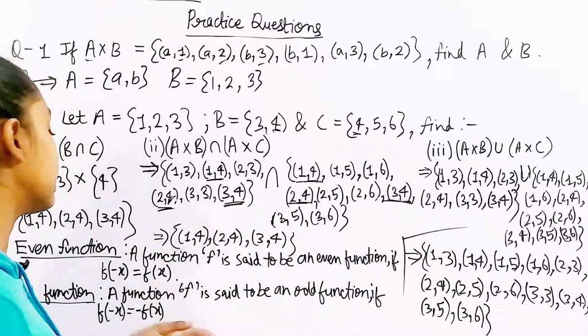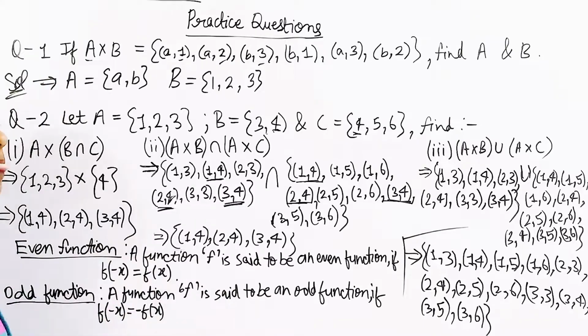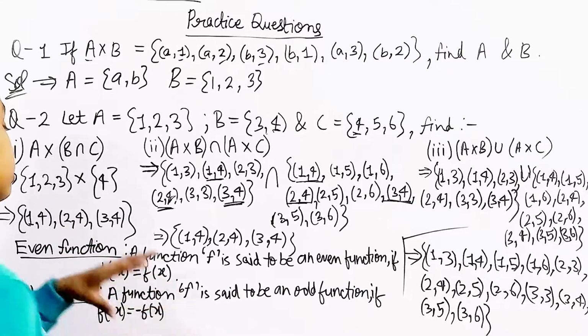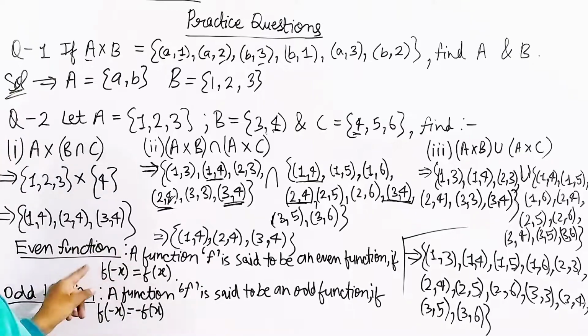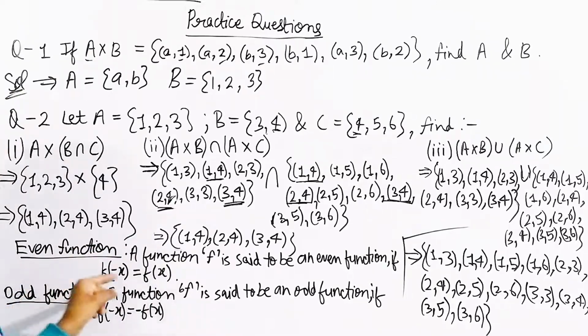So what does that mean? F of negative x means the x value that we're having is actually negative, and if the function of negative x is equal to the f of positive x, then we're going to say that function is an even function.